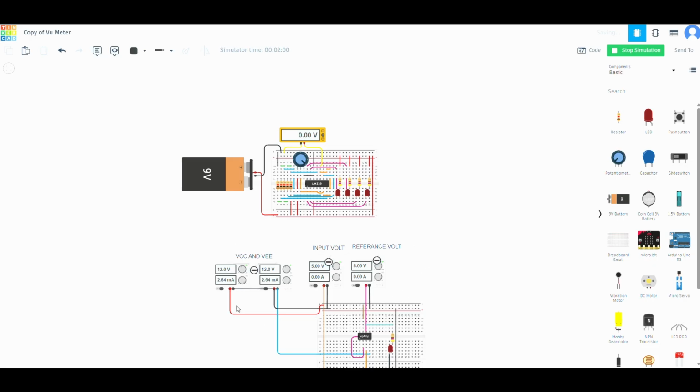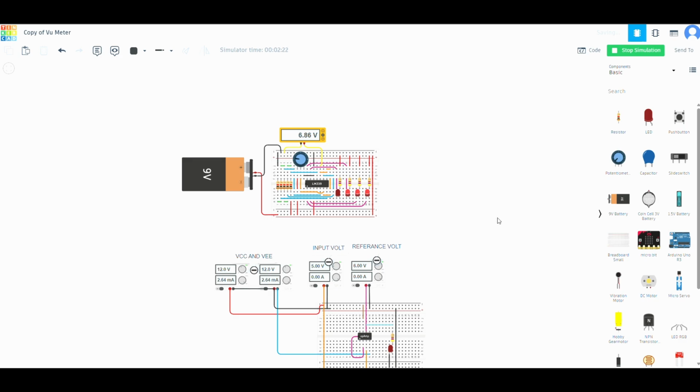Here we required 4 different power supplies before, but now we only require a 9 volt battery, which is really practical. If I change the potentiometer, at 2 volts we get an LED, at 4 volts we get an LED, at 6 volts we get an LED, at 8 volts we get an LED.